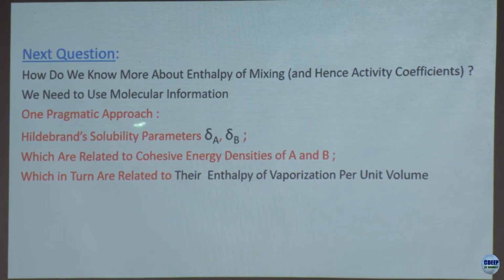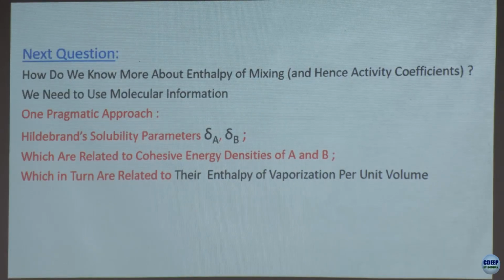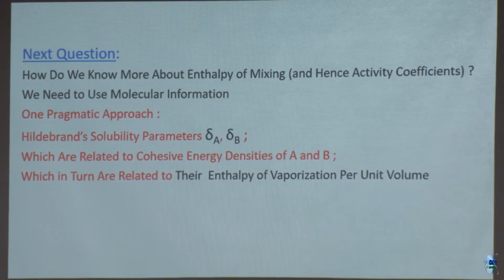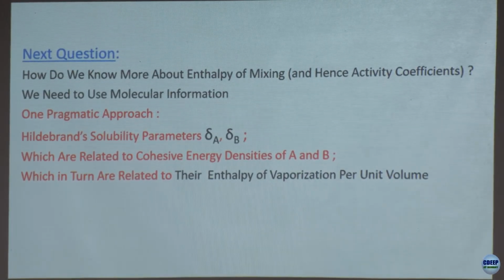But one pragmatic approach, and which is very useful for creative thinking, is the Hildebrand solubility parameter, because it does not require large amount of computation, etc., and a lot of data is already available. Fine. So it's a very simplistic approach, but when you want to really quickly arrive at a hypothesis, it does help you to postulate a hypothesis.